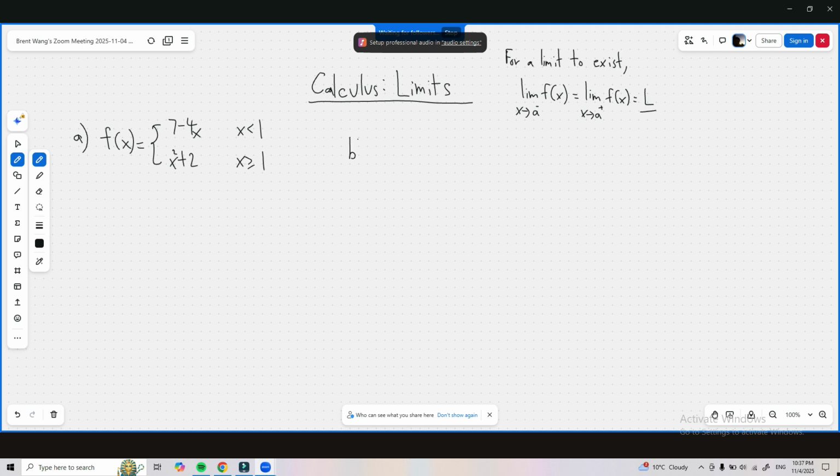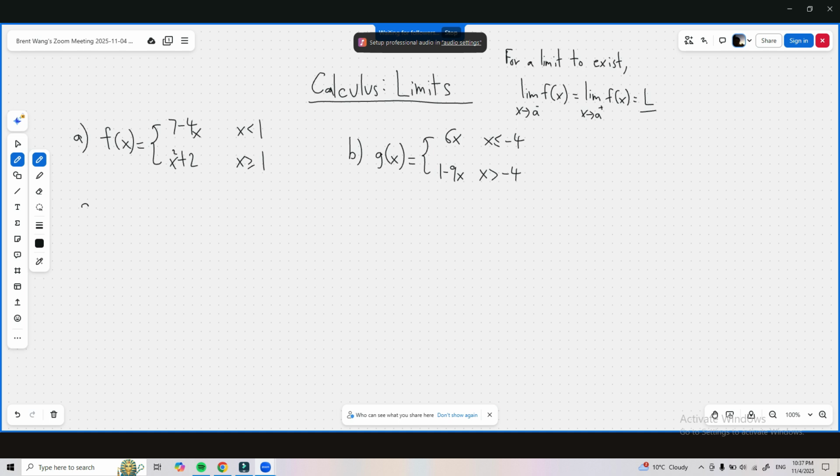The second function I have is g of x equal to piecewise 6x for x less than or equal to negative 4, and 1 minus 9x for x greater than negative 4.